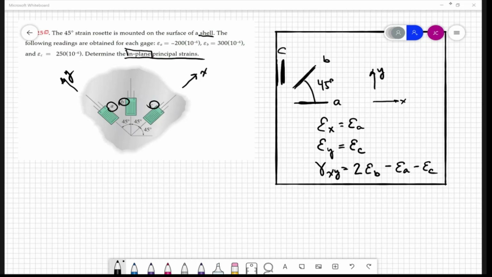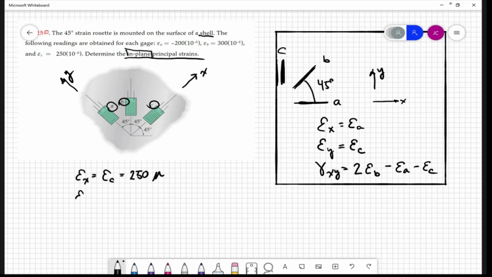We know that the normal strain in the X direction off the rosette is what's read off of strain gauge C, and that's going to be 250 microstrains, okay?